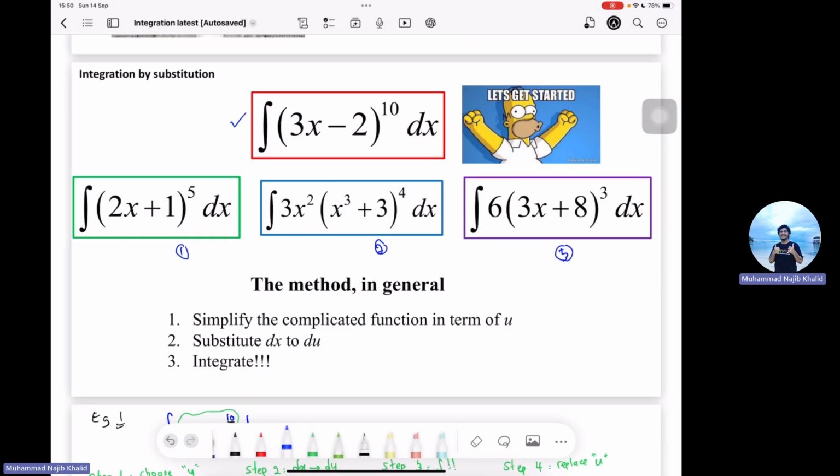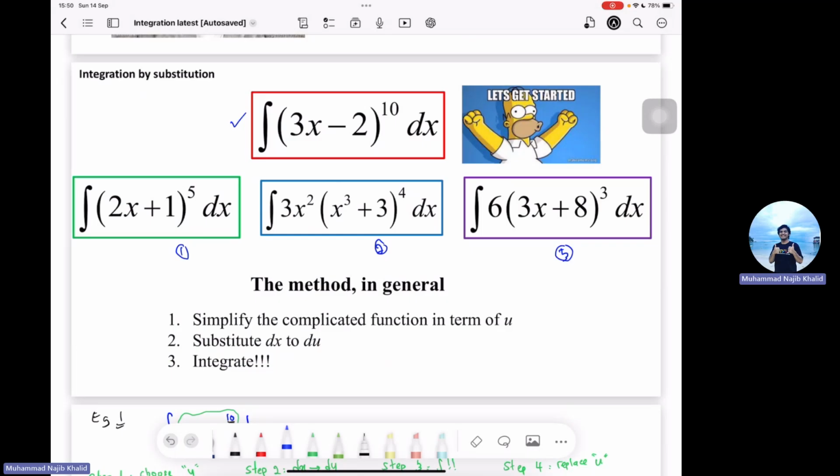In general, the main idea is to simplify the function in step 1, in step 2 substitute the dx part with the du part, and in the last step use the integral again.